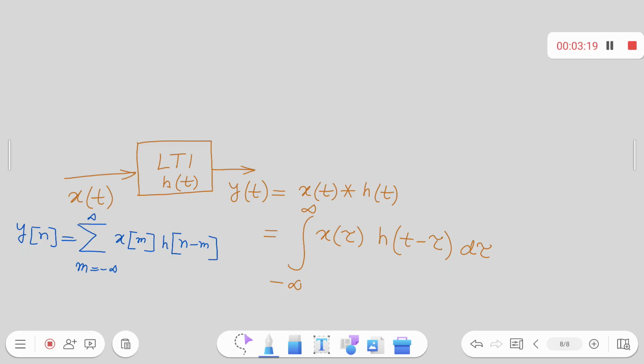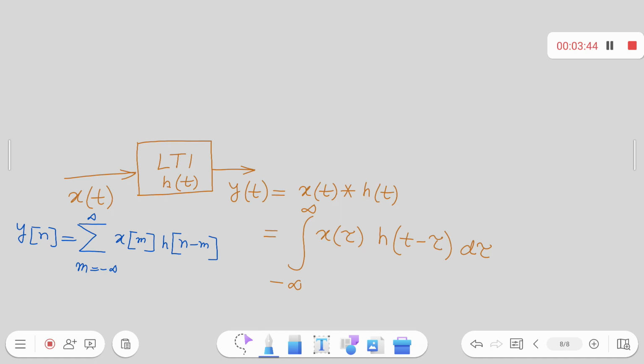In such a case, the output of the system can be viewed as the convolution between the impulse response of the system and its input signal. Output can be obtained by convolving the actual input with the impulse response, and that is the beauty of the impulse response.